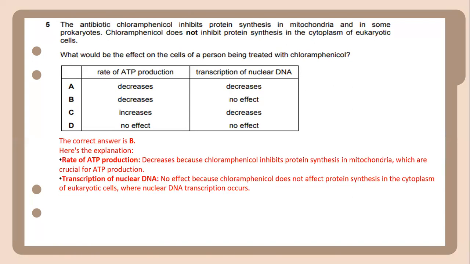The answer would be that the rate of ATP production decreases because chloramphenicol inhibits protein synthesis in mitochondria, which are crucial for ATP production. And during the transcription of nuclear DNA, there will be no effect because chloramphenicol does not affect protein synthesis in the cytoplasm of eukaryotic cells when nuclear DNA transcription occurs. The answer will be B.